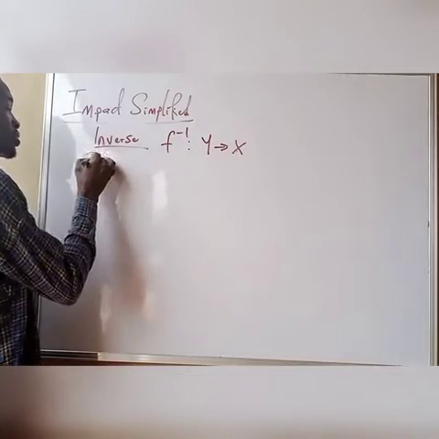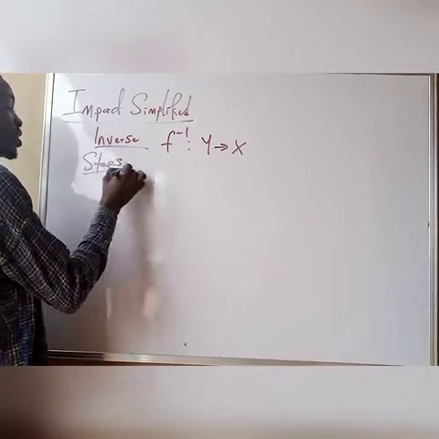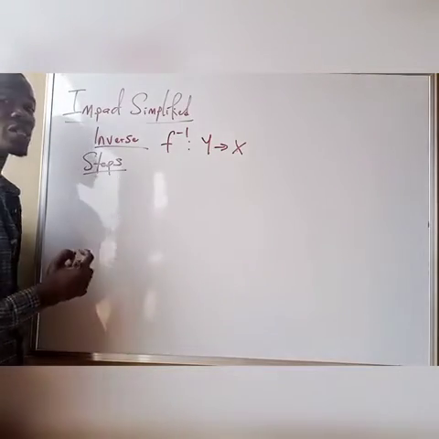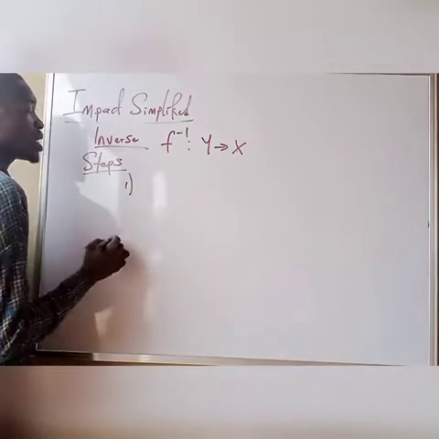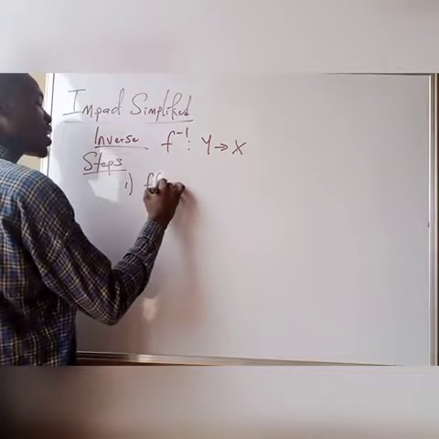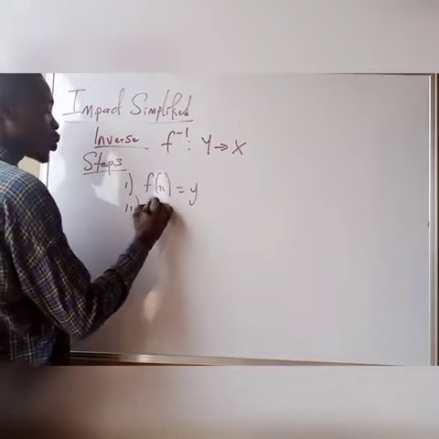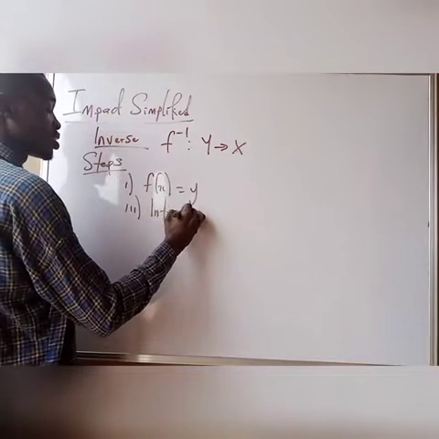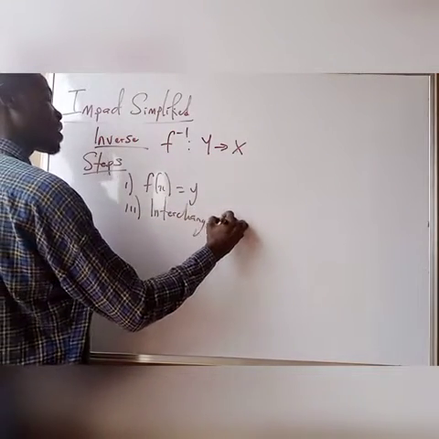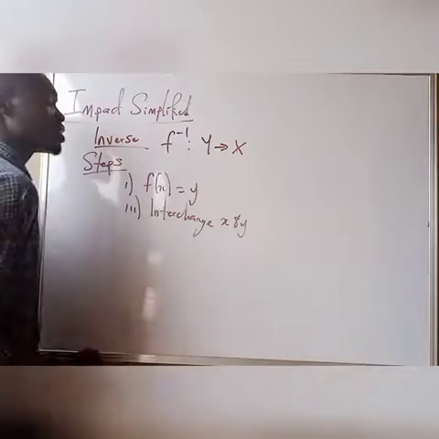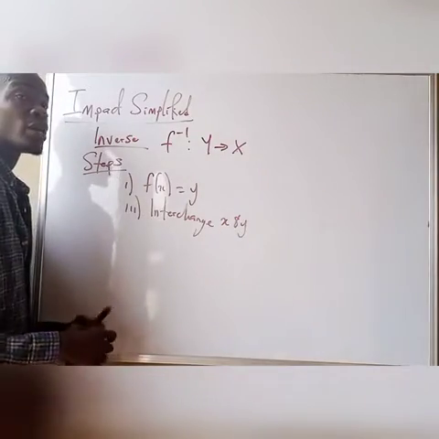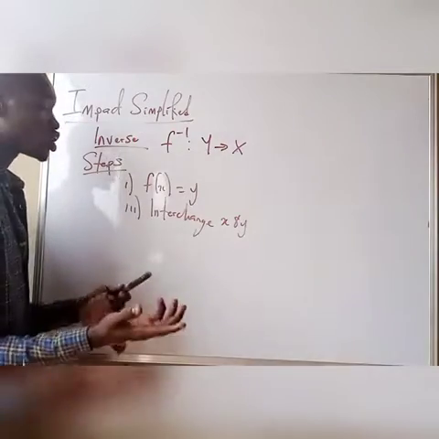We have some steps for getting the inverse of a function. The first one is this. We are to change our f of x to y. After changing your f of x to y, you interchange your x and y. That means you change your y to x, and you change your x to y.